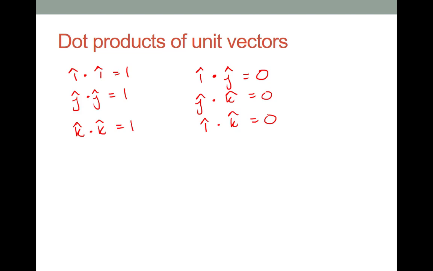Well, it's fine to know what you have with unit vectors. So how do you calculate the dot product of any two vectors?